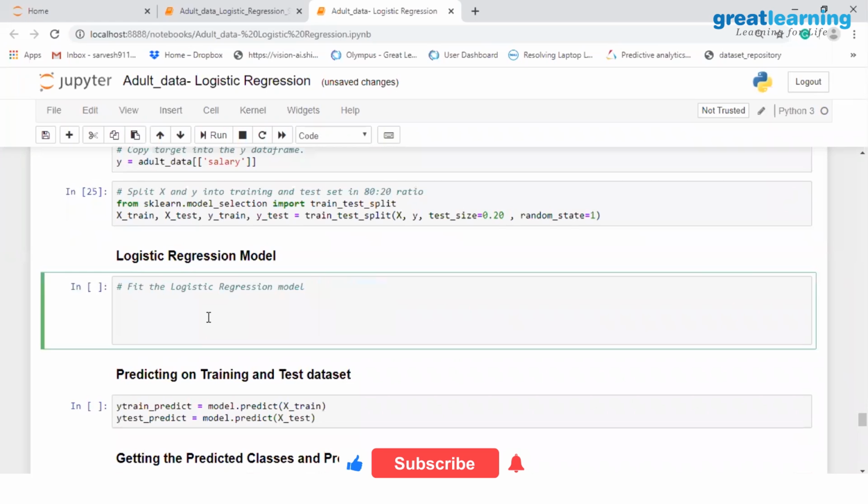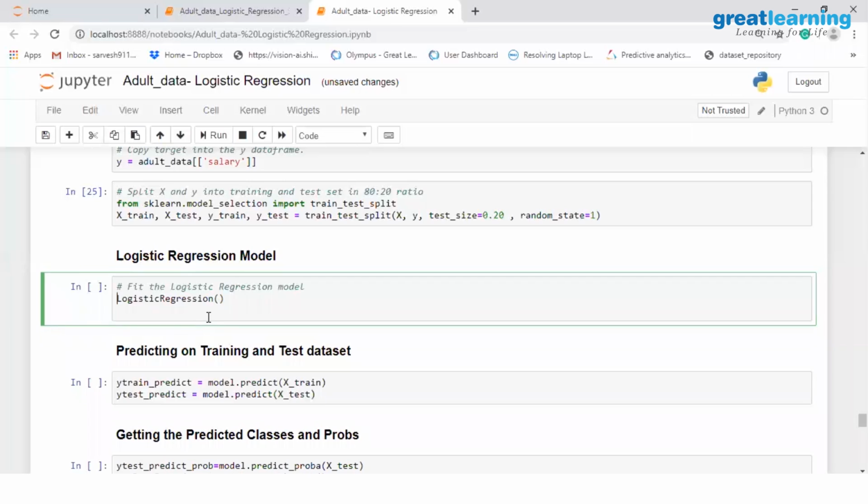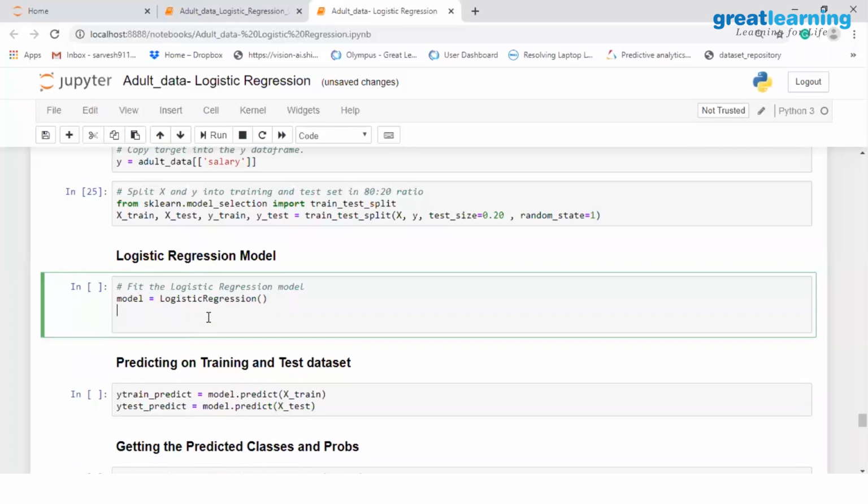Now coming to the logistic regression model, right? What is the function that we are going to use? The logistic regression is given by LogisticRegression. I'm just saving it as a model.